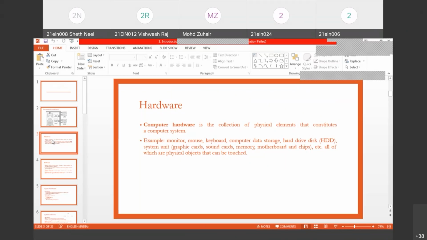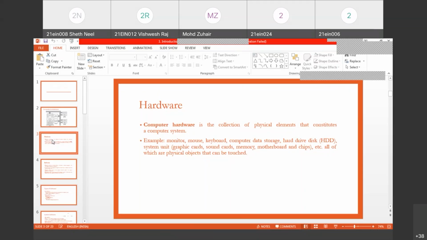So when using it in a system, you have to interconnect those things. Examples of hardware are monitor, mouse, keyboard, computer data storage, hard disk, system unit, graphic card, sound card, memory, motherboard, chips, etc. All these are hardware.